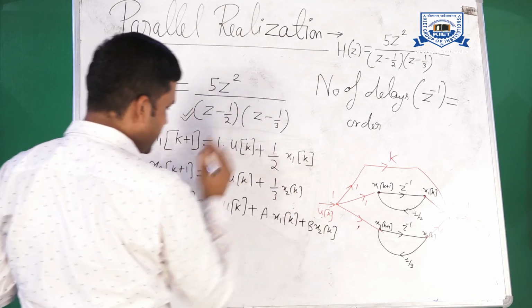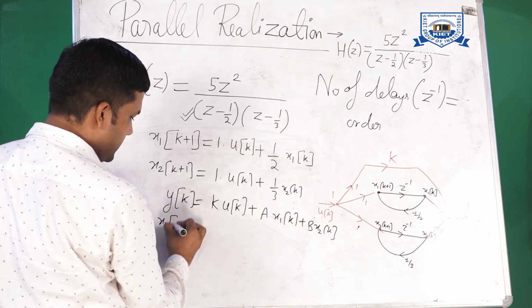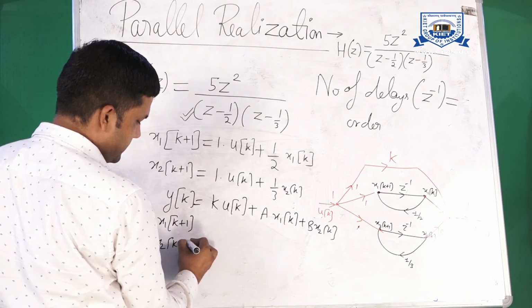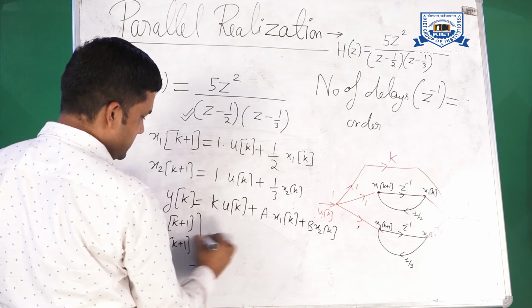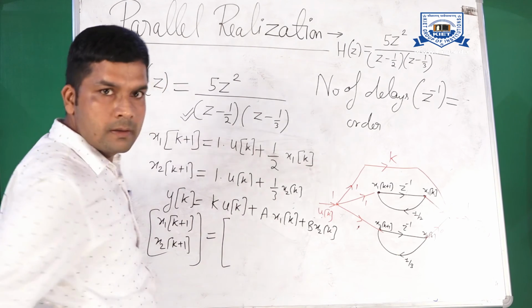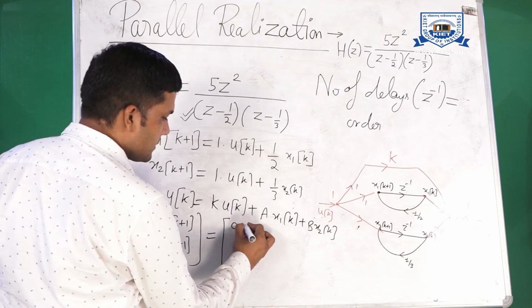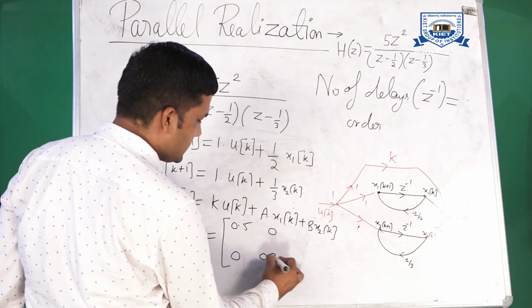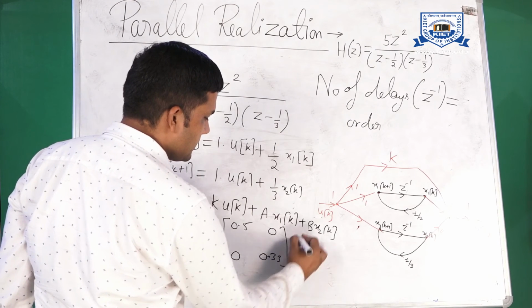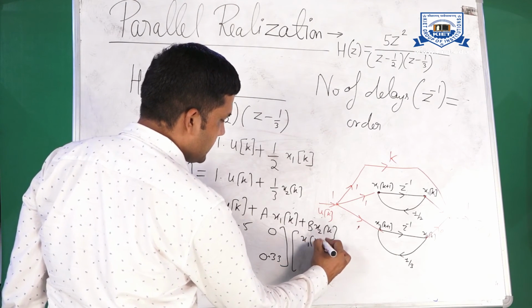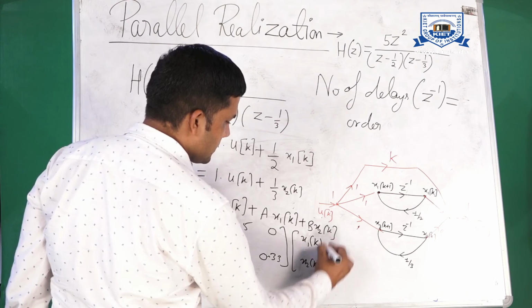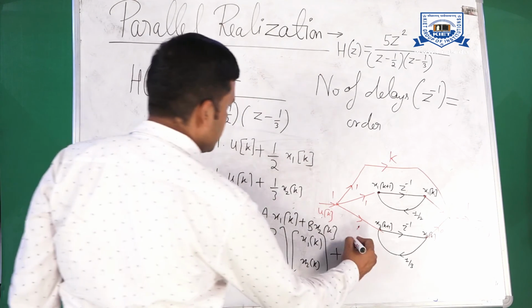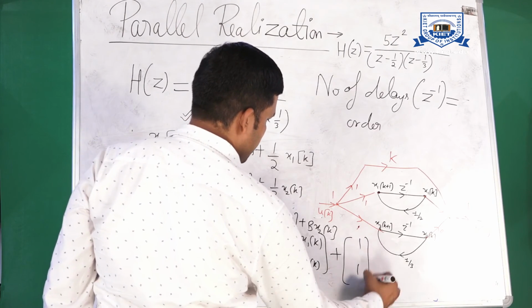We can arrange in matrix form: [x1(k+1); x2(k+1)] equals [0.5 0; 0 0.33] (meaning 1/3) times [x1(k); x2(k)] plus [1; 1] u(k).